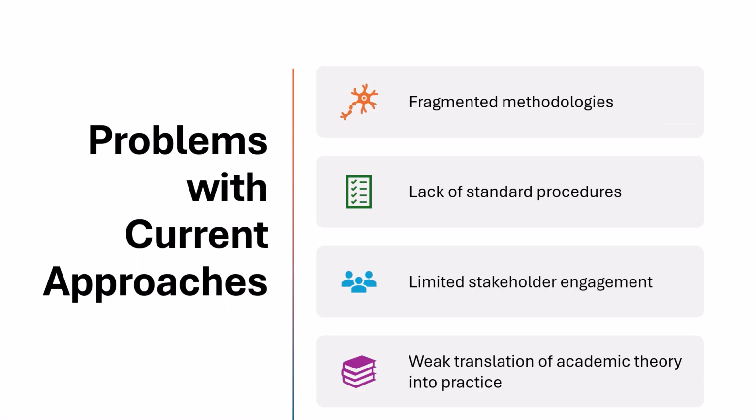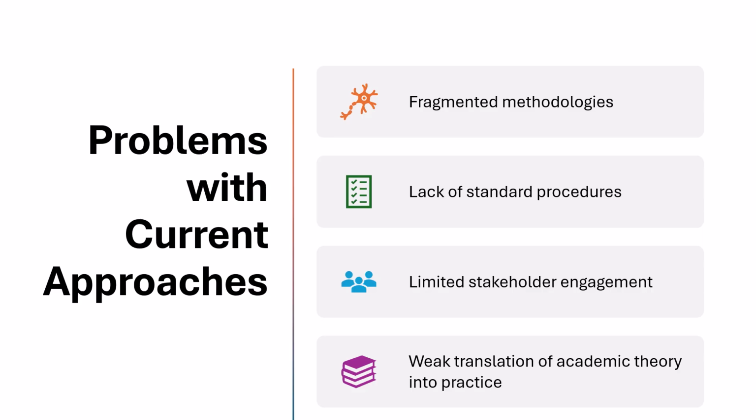Problem with the current approach. What is the problem with the current approach that we have now? It's actually a fragmented methodology. So it's not clear. It's here and there. Lack of standard procedures. No clear procedures of how to get things done. Limited stakeholder engagement. Not many would like to take part in such a new system. And weak translation of academic theory into practice.